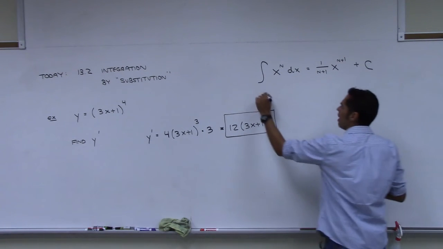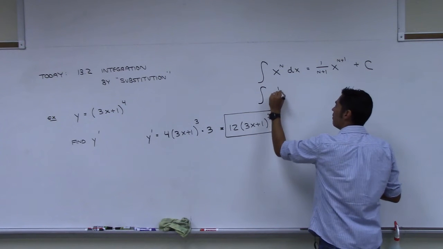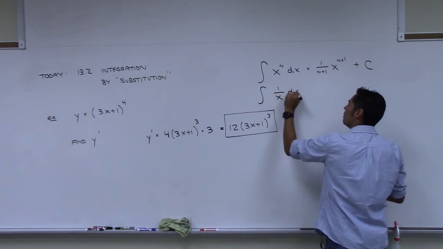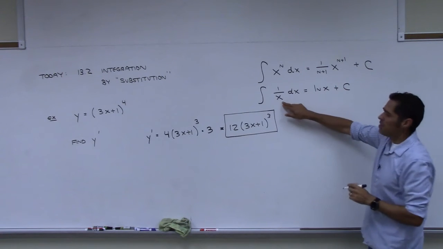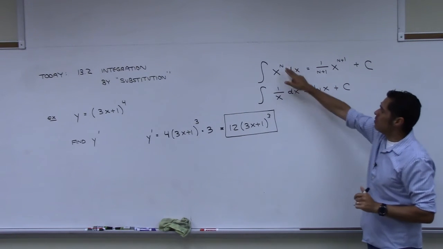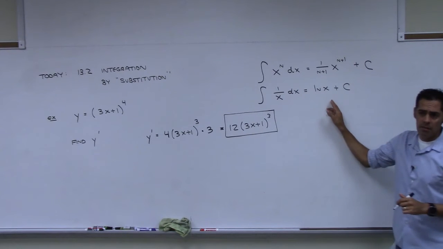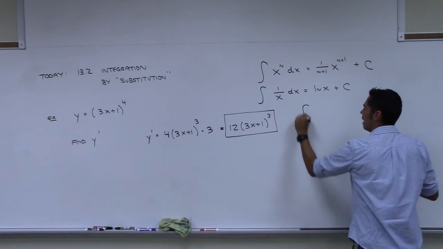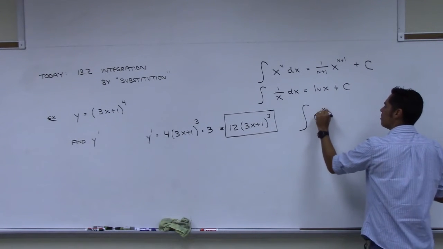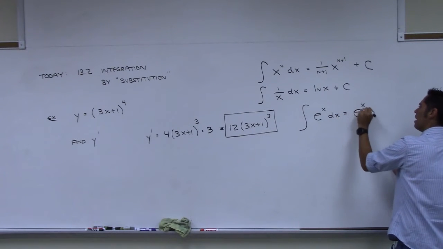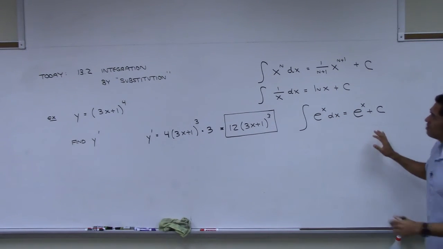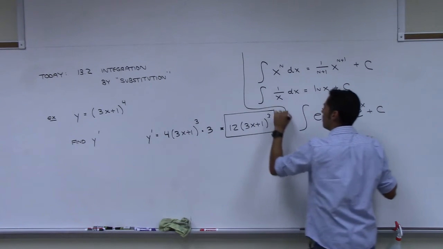We also know that the antiderivative of 1 over x was natural log of x plus c. This was that special case when n was -1. And the antiderivative of e to the x is just itself, e to the x plus some constant. So these are the ones that we've done.